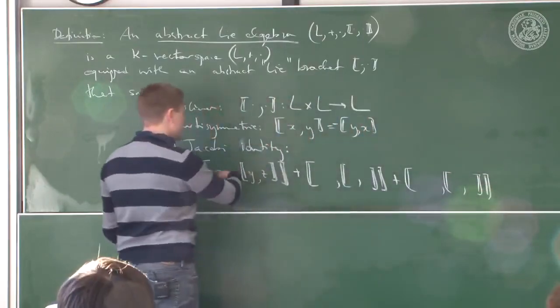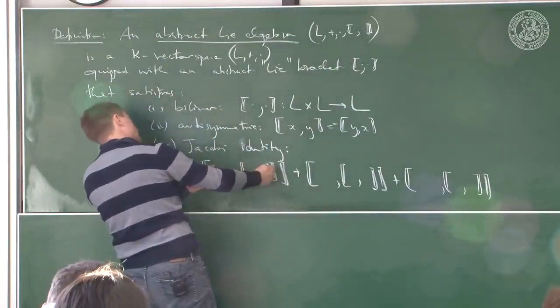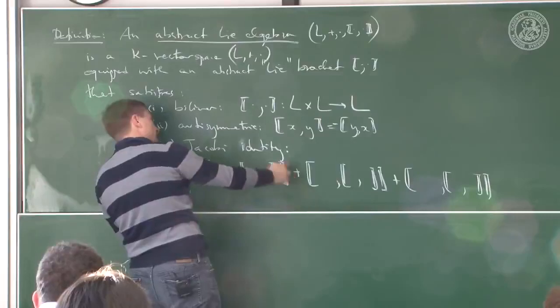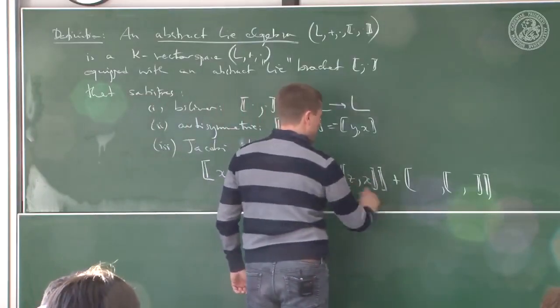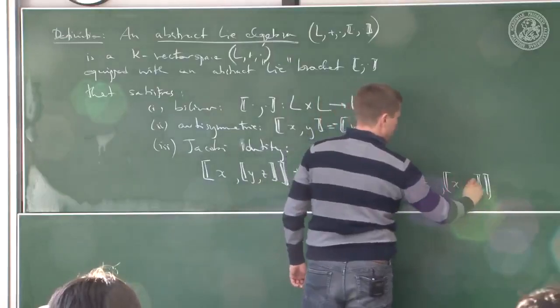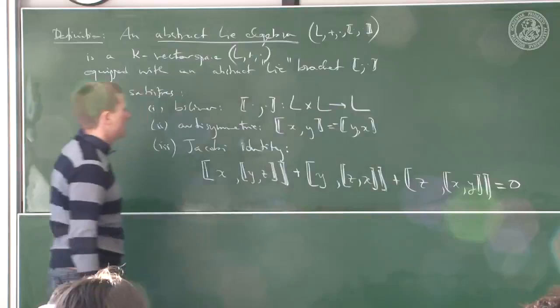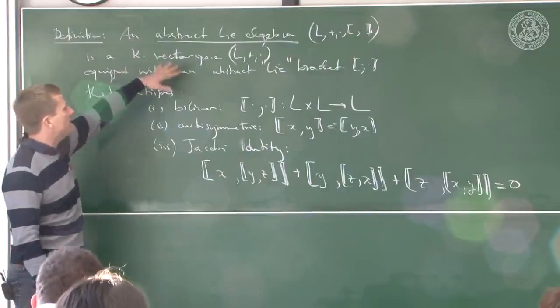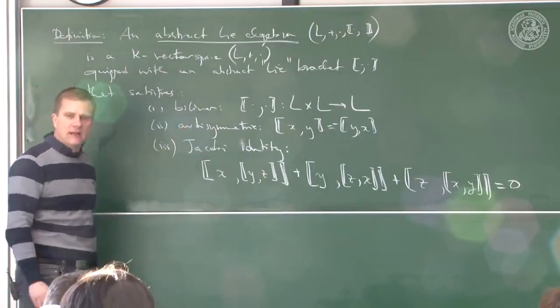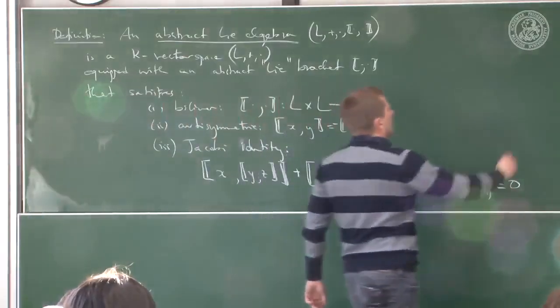Now you cyclically permute, so you push everything x, y, z to the left, and what falls off on the left comes in from the right. So this is y, z, x, and z, x, y, and the result of taking the sum is 0, and that's the so-called Jacobi identity. And any such structure, a K vector space with such a Lie bracket, is called an abstract Lie algebra.